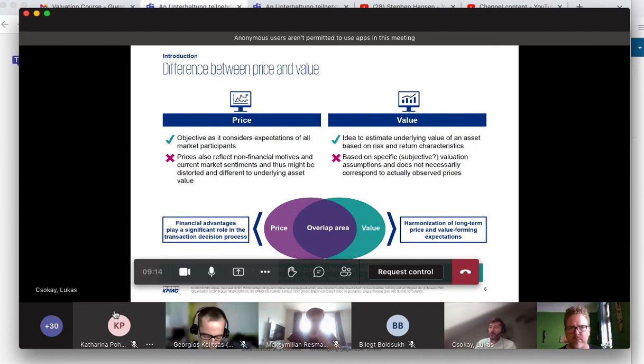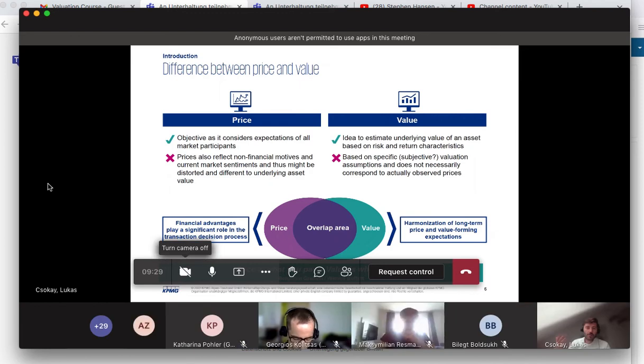What it means is that price is somehow subjective. You pay a certain price for a certain good, and the value you attach to that good or that company could be quite different.